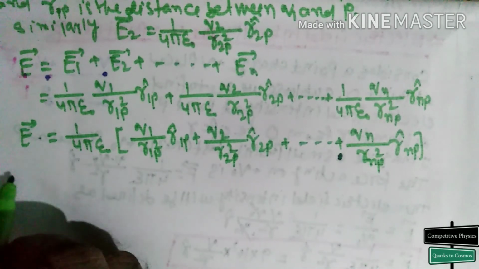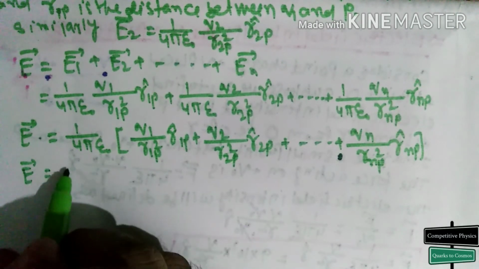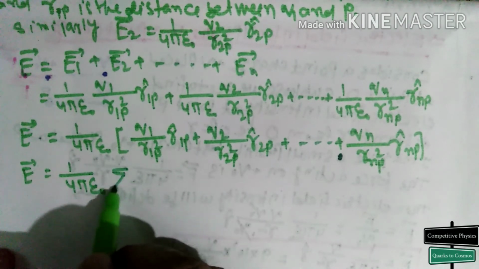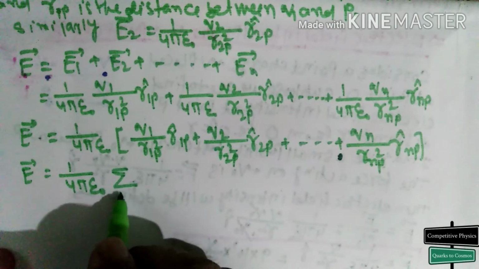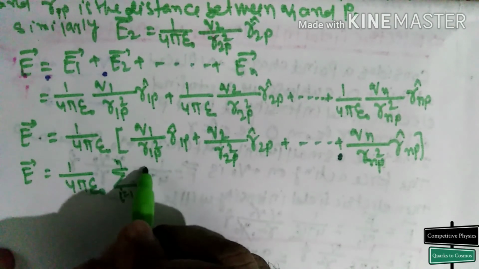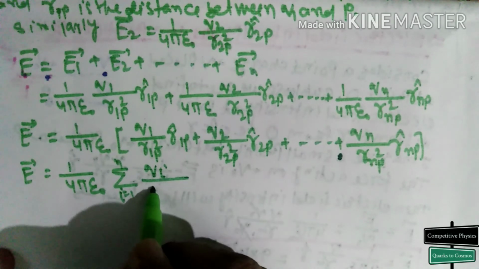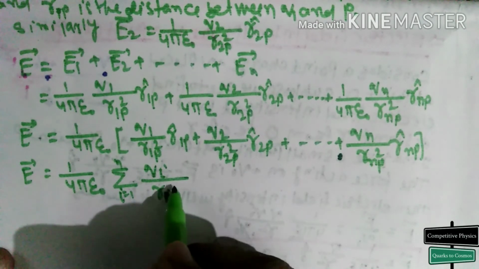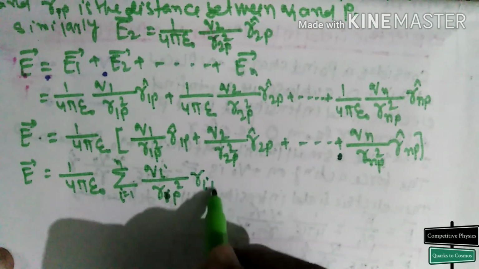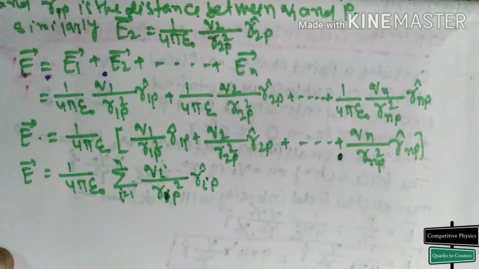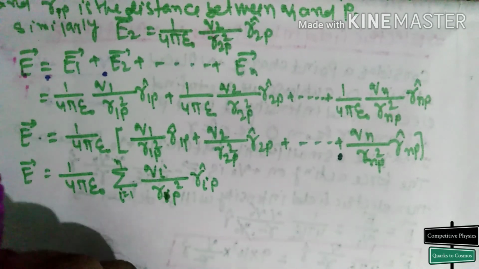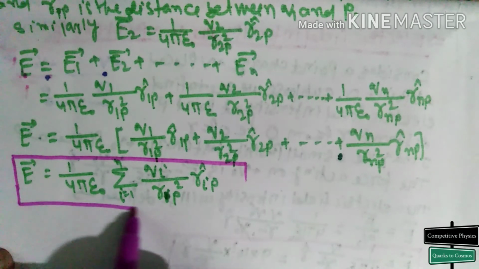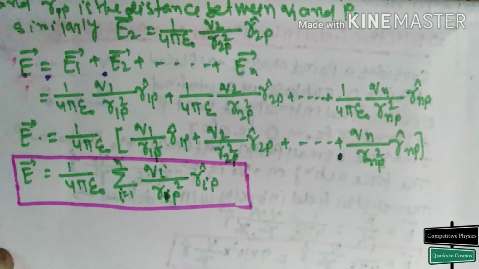This you can write in the summation form as E equal to 1 upon 4 pi epsilon naught sum over i equals 1 to n Qi upon Rip square Rip cap. So this is the electric field due to a system of charges using superposition principle.